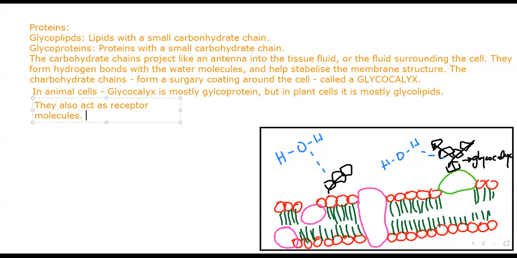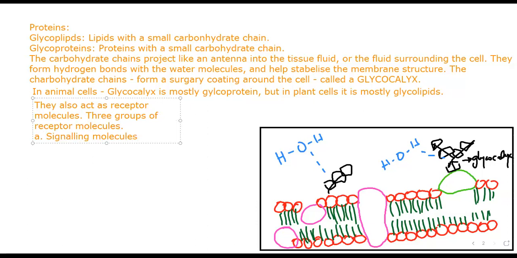Now, we have three groups of receptor molecule, right? We can have, for example, signaling molecules. And we will study cell signaling in a bit, so it will become clearer what I'm talking about.